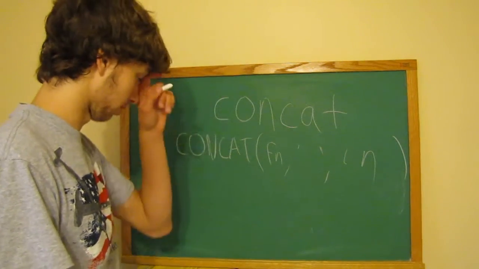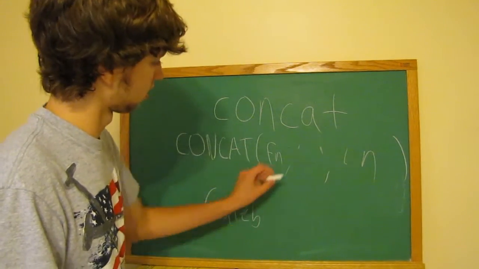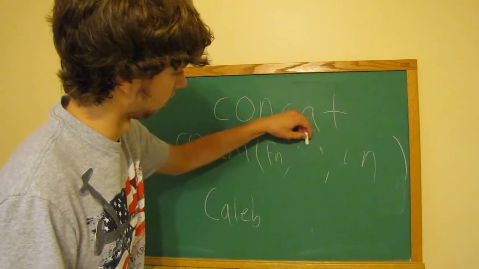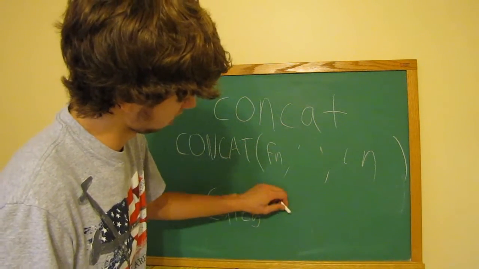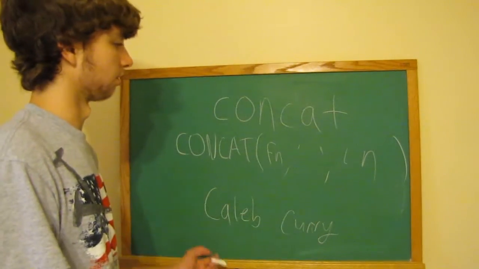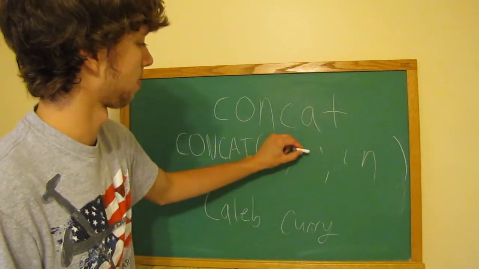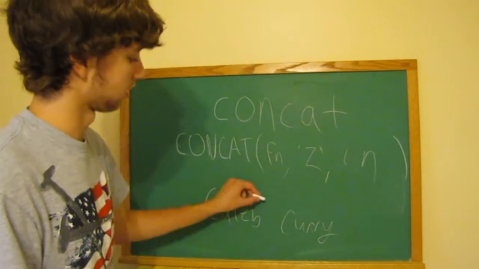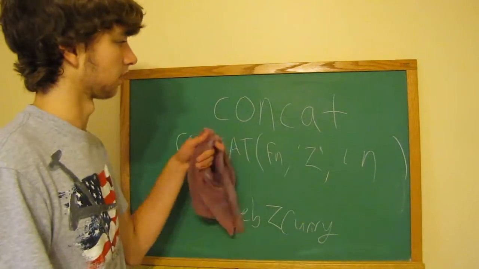So that would come out as Caleb, a space, this right here in the quotes, anything in the quotes. So Caleb space Curry, and that would come out as one result. Now if you changed what was in the quotes, such as, let's just put Z, instead of a space, you would get Caleb Z Curry. That's just an example. So that's what concatenating is.